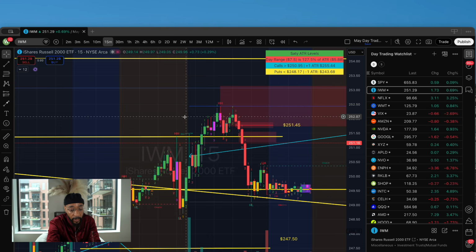So the key with IWM is to pay attention to the 2-hour for your direction, the 30-minute for your analysis, and then your 15 and 5-minute for your entries. You can use the 30-minute for entries as well if it closes at a good time.